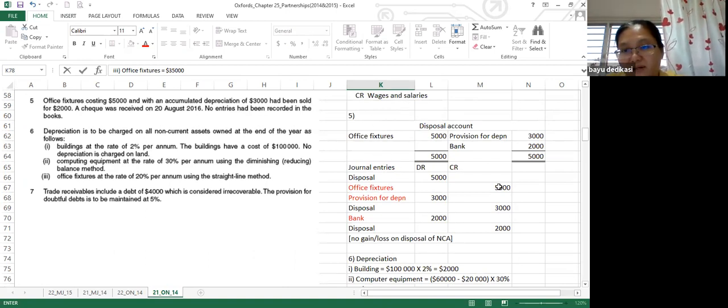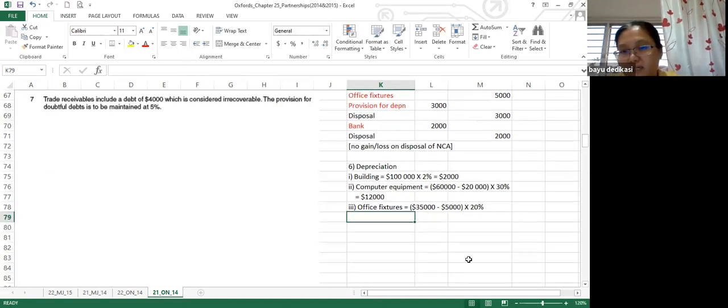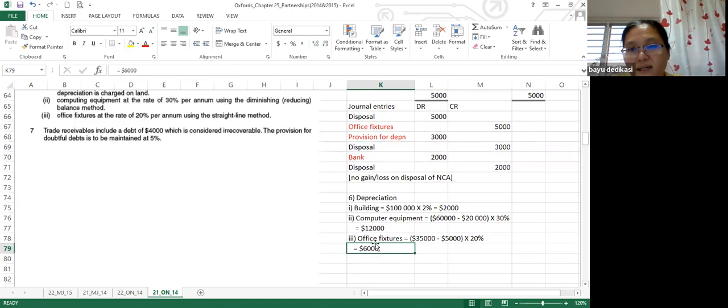So we have reversed 5,000. In this case, we have to minus 5,000 before we times 20%. Because the asset is disposed, no need to calculate depreciation. So 30,000 times 20%, so 6,000. So far clear about this, all the minor things that you need to take notes.